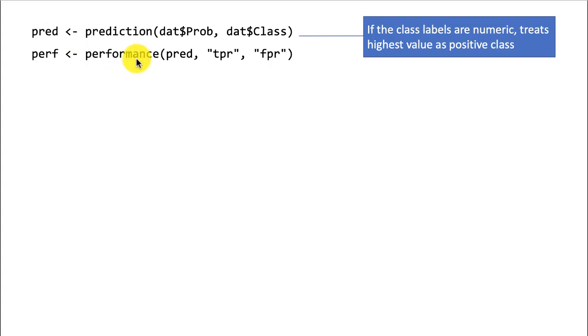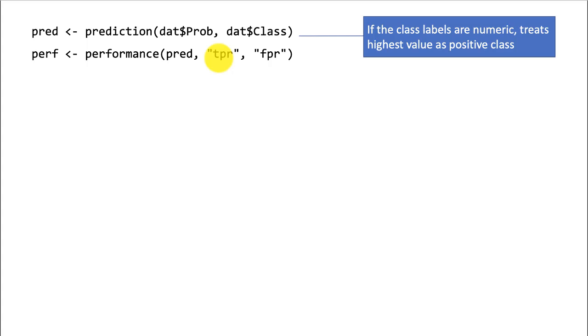All you have to do next is to call the performance function and create a performance object. In the performance function, you pass the prediction object you just created. For generating an ROC chart, we indicate the 2 things that we are going to be plotting, the true positive rate and the false positive rate. You just give it as TPR and FPR within quotes.